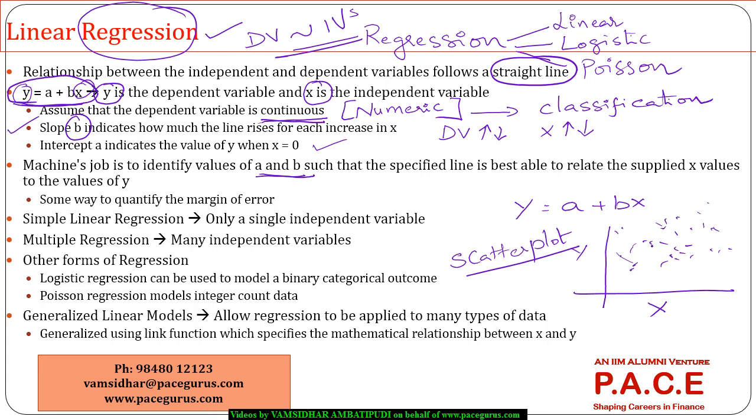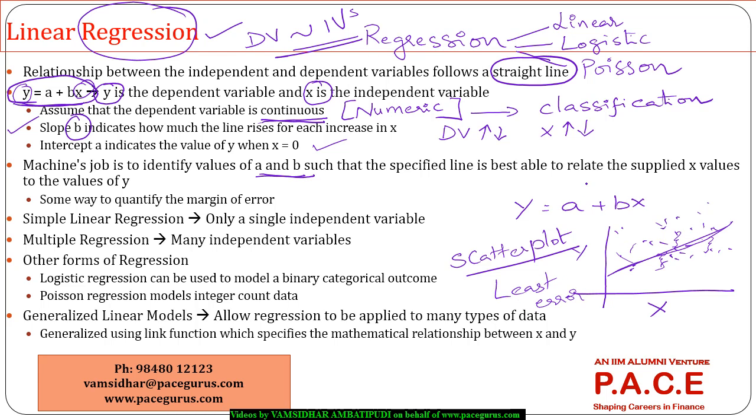Now I want to design one single line like this, which is having the best fitting between the values of x and y, which means the error between the various points and the line that we are drawing should be the least possible, least error.